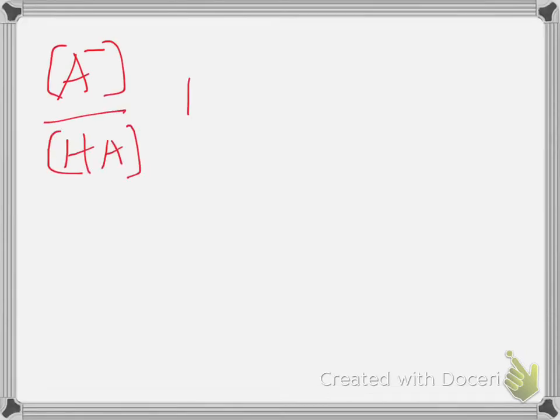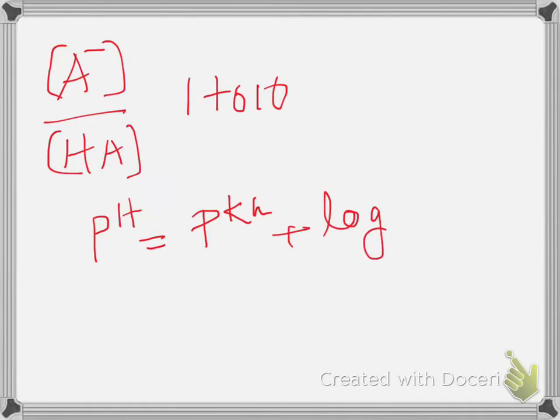Now consider another ratio, where the A minus to HA ratio is 1 to 10.